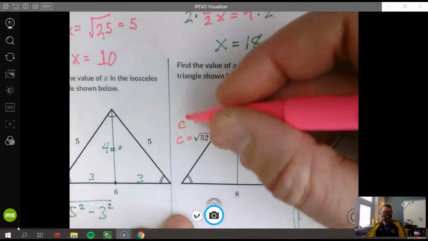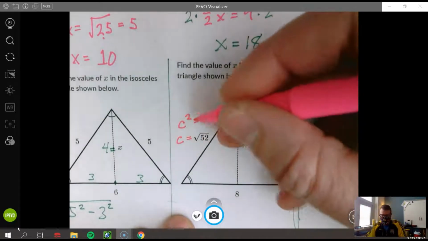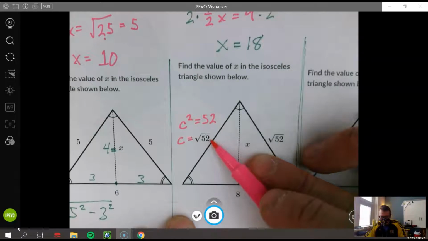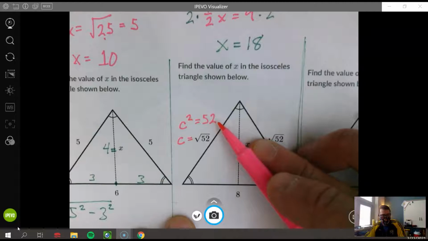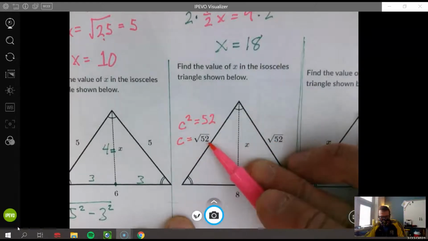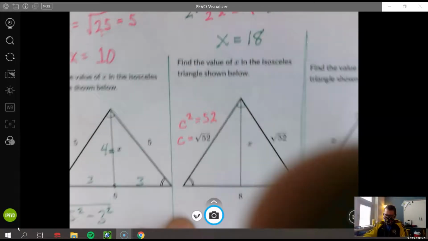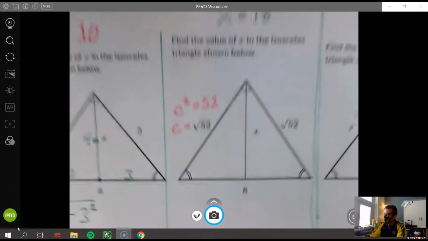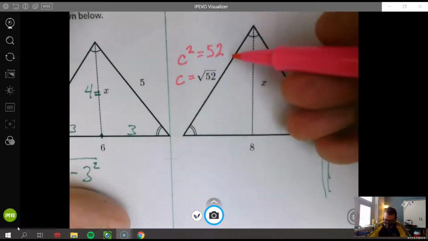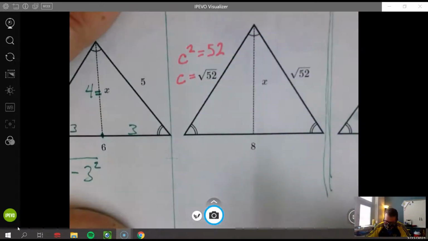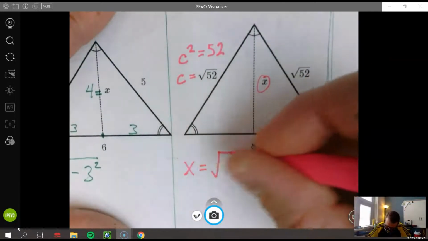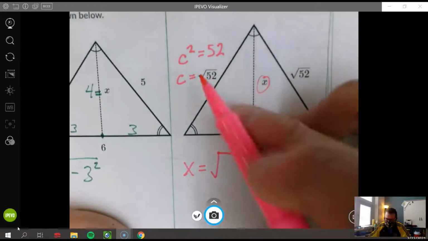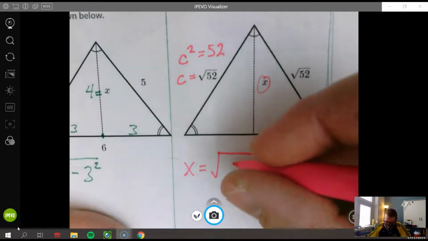It's your c squared. So when we talk about squaring a square root, we've got our c squared is 52. Because if c is radical 52, remember another name for square root is radical, then c squared is just 52. So again, we're saying the unknown leg x will be equal to, but now c squared is 52.